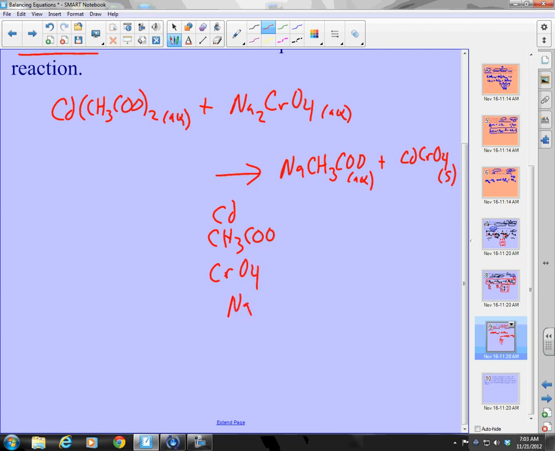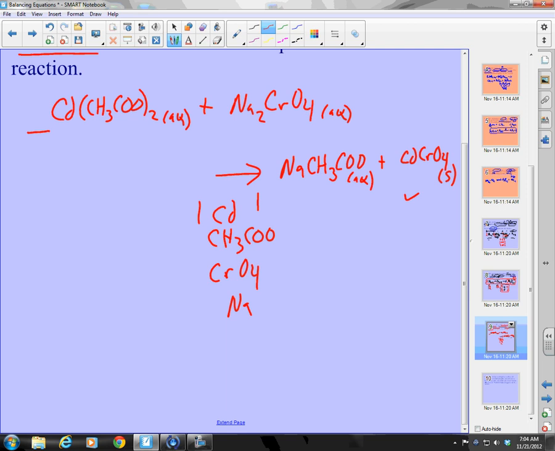So let's try to balance this. We're going to try to balance cadmium, acetate, chromate, and sodium. And where do you want to start? It really doesn't matter here. This looks like the most complicated to me, so let's assume that there's a 1 here. So I'd have 1 cadmium on this side. How many cadmiums do I have on this side? I have 1 so far. Good.